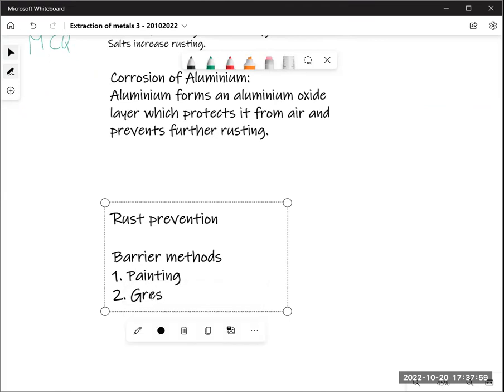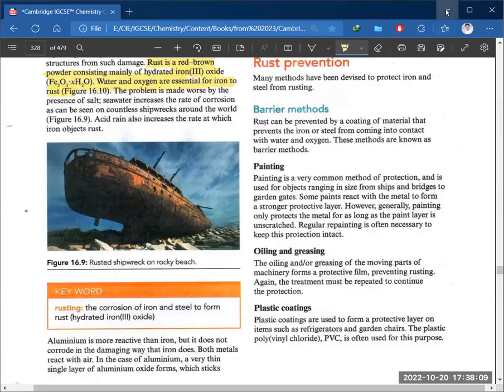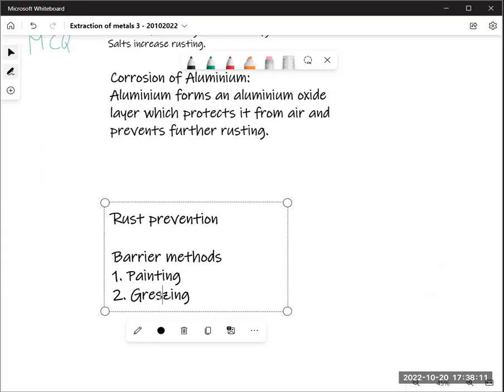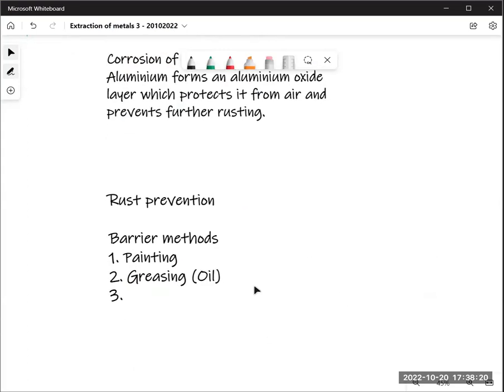Have you ever put grease on something to prevent rusting? Oiling of gates and stuff? No, I haven't. Has your father? I'll show you.